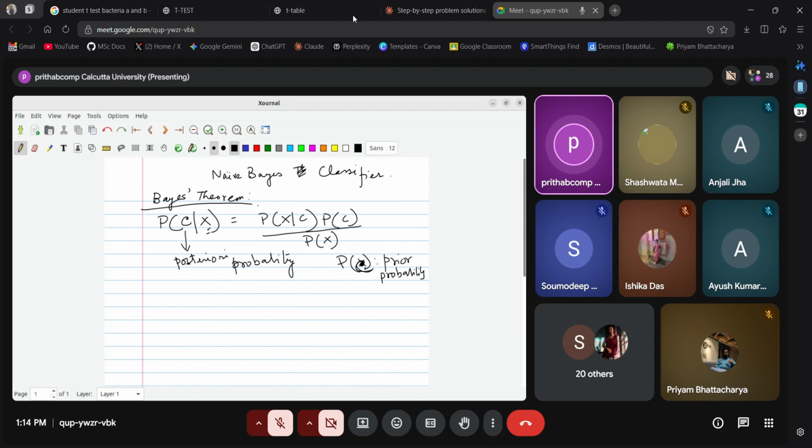And this probability of X given C is what is called the likelihood. And this P of X is basically the marginal probability.